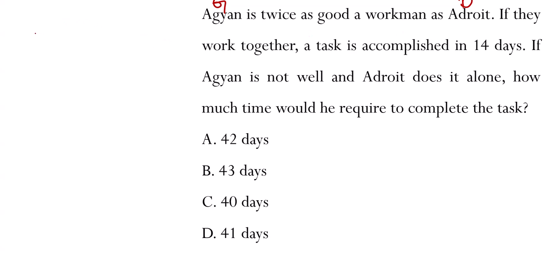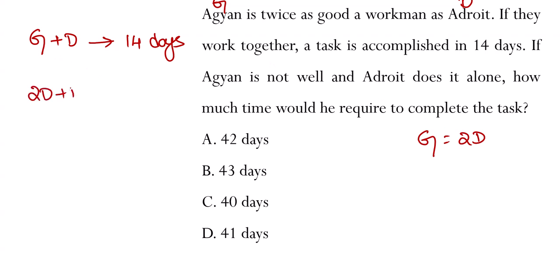So G plus D together can complete the work in 14 days. As per the question, G is equal to twice D. So 3D can do it in 14 days. G is not well. Now the work should be done by D only.